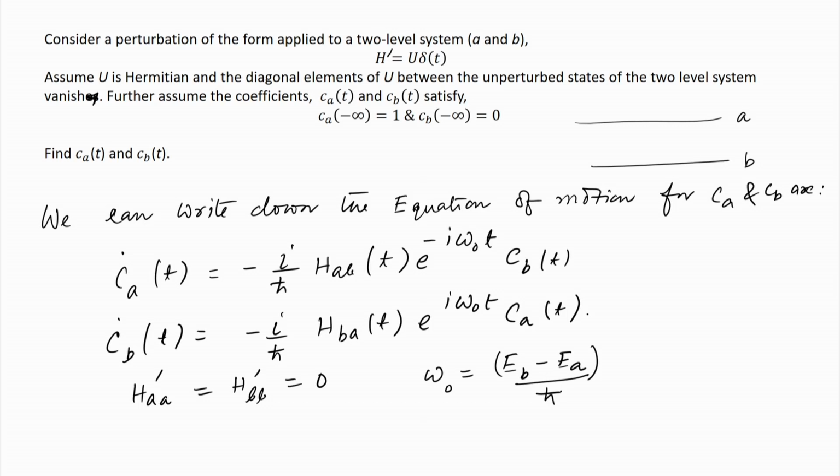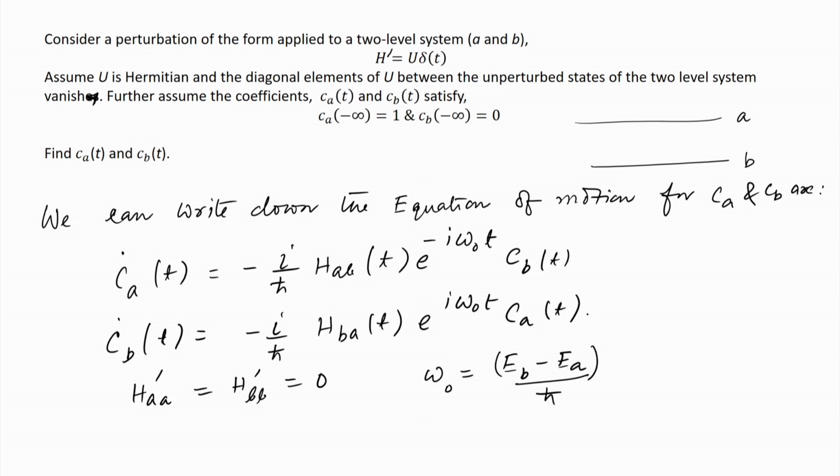So, these are the notations. Let us be very clear about them: C a dot of t is the equation of motion for the coefficient for level A, written in terms of C b of t, and C b dot of t is written in terms of C a of t, and hence these are coupled equations which need to be solved.